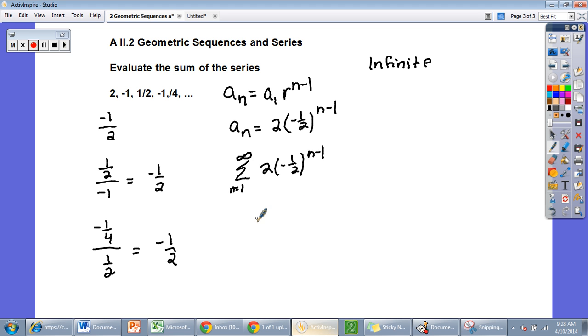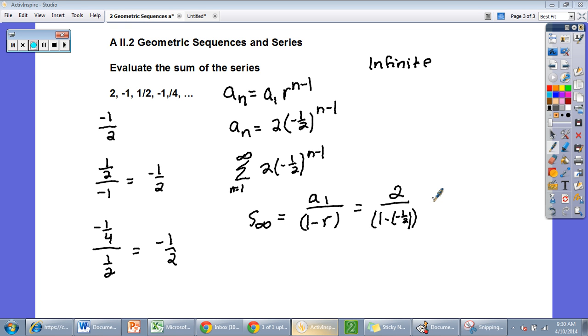So we're using the exact same formula we did in the last problem. The first term over 1 minus r. So 2 over 1 minus -1/2, which is 1 plus 1/2. And this would give us 4/3.